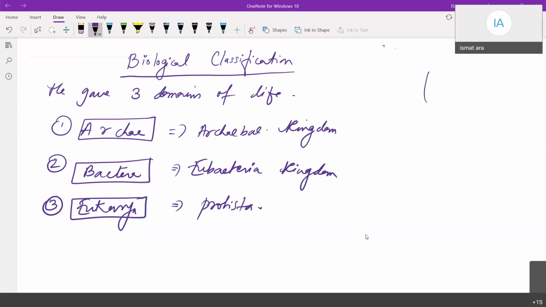In Eukarya, you will get Protista, Fungi, Plantae, and Animalia.